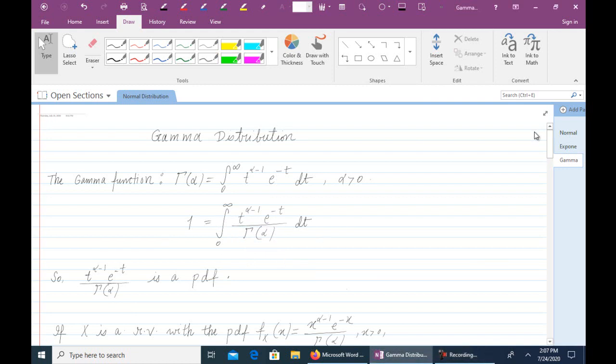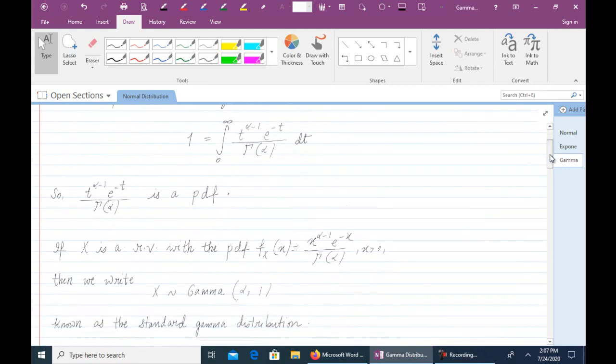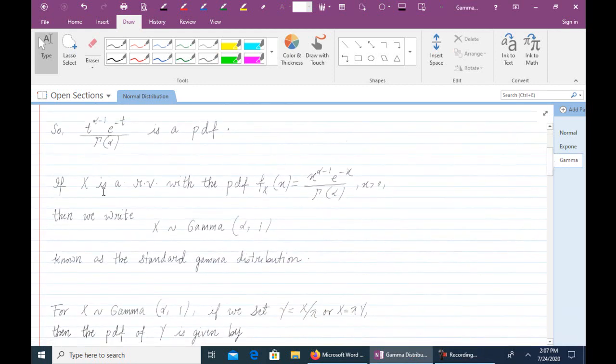So if x is a random variable with the density function fx of x equal to x to the alpha minus 1 e to the minus x divided by gamma of alpha for x greater than 0, then we say that x has gamma distribution with parameter alpha comma 1, and we denote this by using this notation.